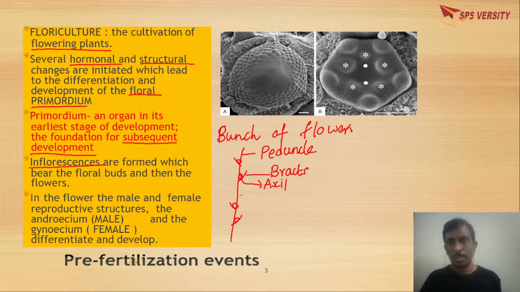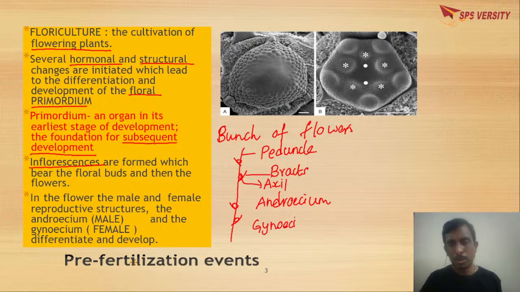In a flower, as we already discussed, there are different parts. The male part is called androecium. The female part is called gynoecium.